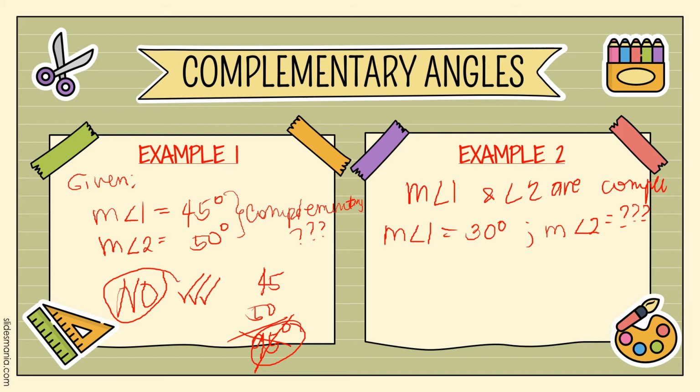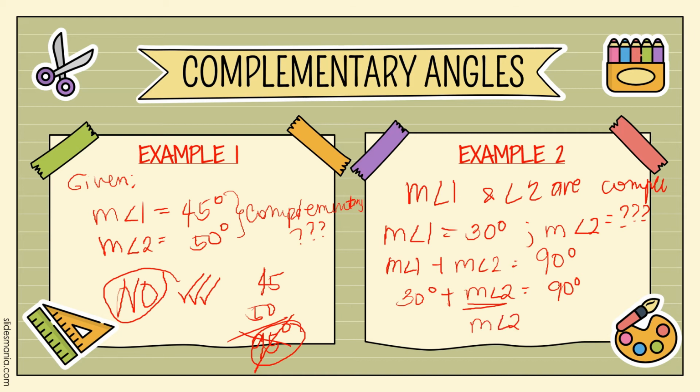What is the measurement of angle 2? What is your answer? Okay, let us see. Since the sum of angle 1 and angle 2 is equivalent to 90 degrees, applying the rule in algebra, you have to subtract 30 degrees from 90 degrees. And therefore, the answer is 60 degrees.